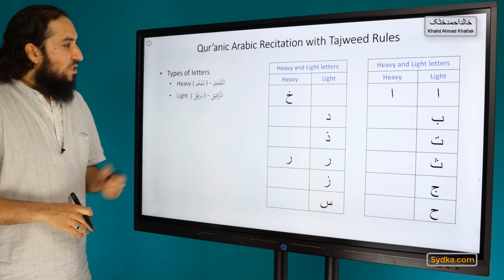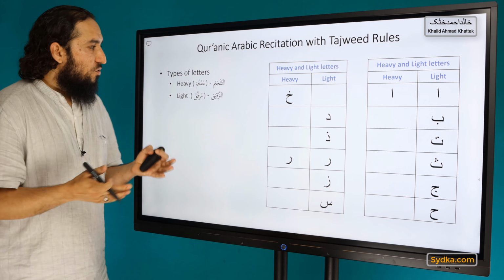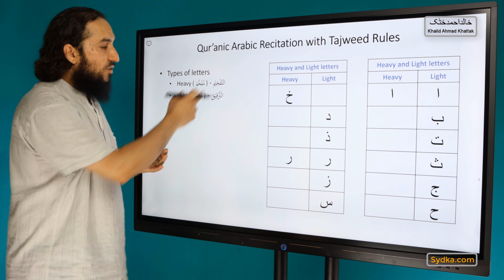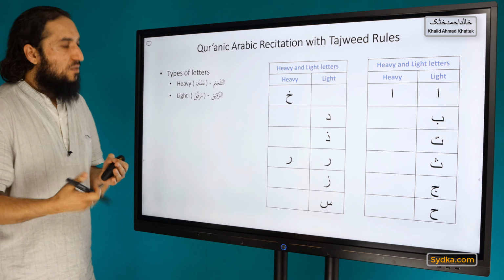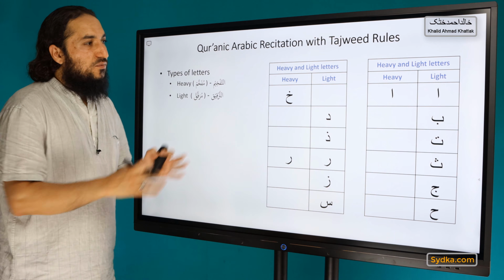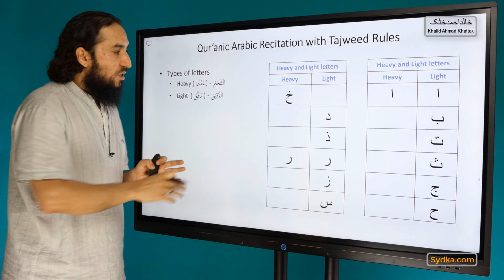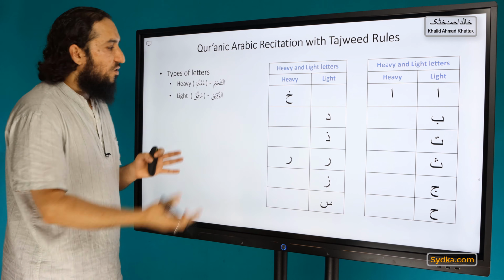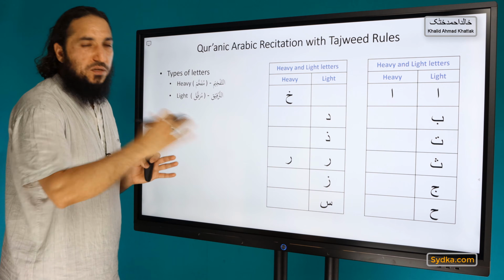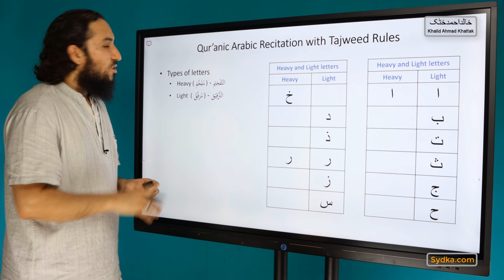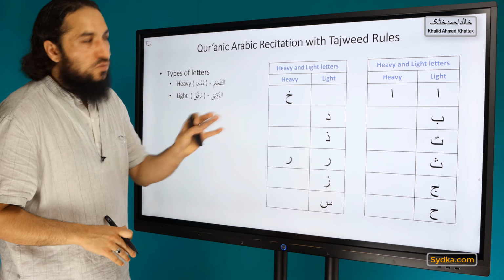We can do another classification of the Arabic letters depending on 2 properties. One is called tafkhim, that is heaviness, and the other is called tarqiq, that is lightness. Some letters have only one property, either heavy or light, and a few of them have both, depending on the situation where they are used. We will discuss those in detail when we discuss individual letters.